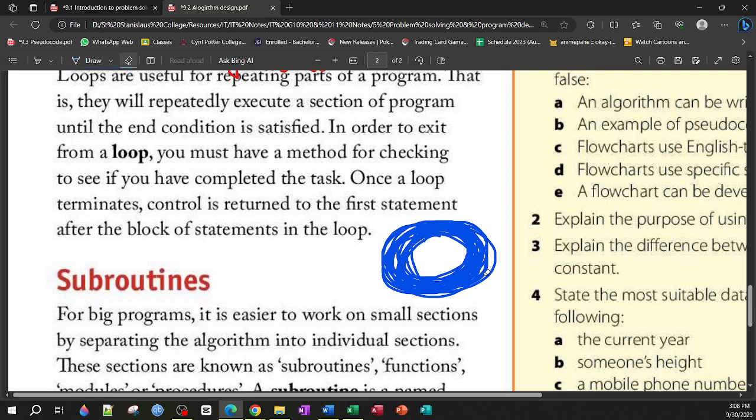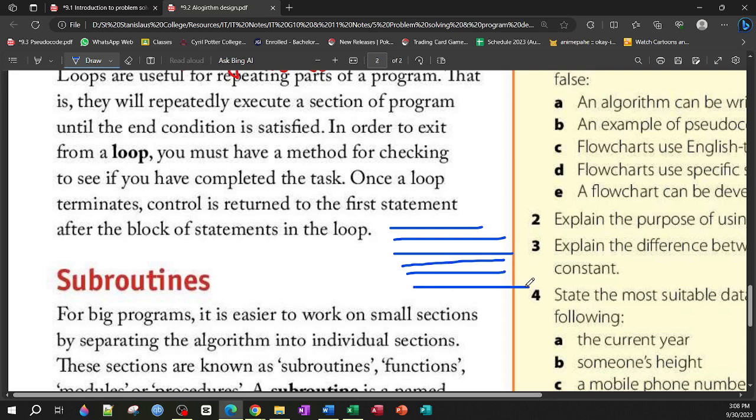Now, similarly, if you guys can remember in the previous class, we mentioned that we want to try to limit the number of lines of code in our program. So imagine the lines as different steps. So we want to limit it. So what we can do is repeat certain steps.